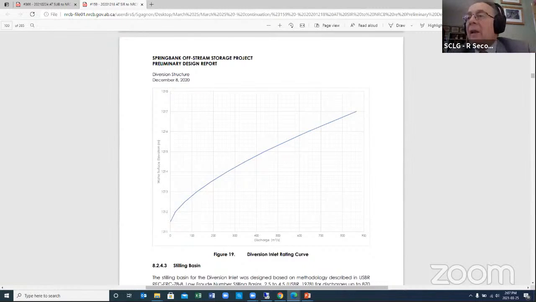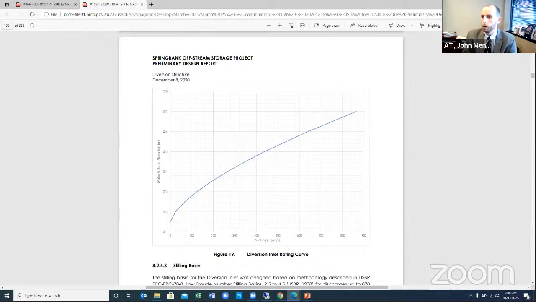So do I understand then that the water surface elevation of 1,217 meters that is shown in figure 19, that essentially represents the flood of record, the June 2013 flood? No, I think this is what I'm telling you. This is the flow only through the diversion inlet structure. This is not all the flows that are in the river.